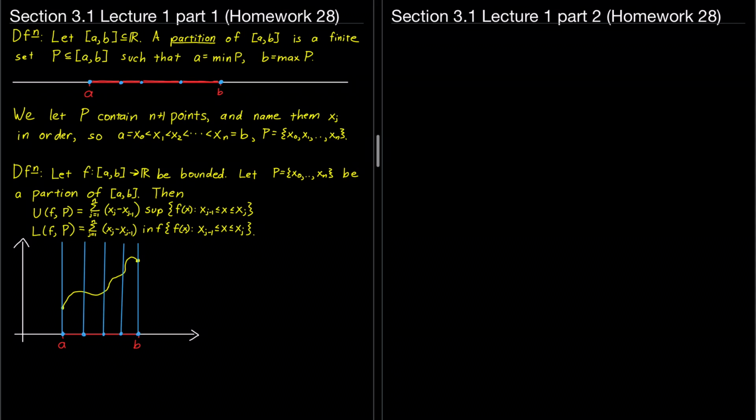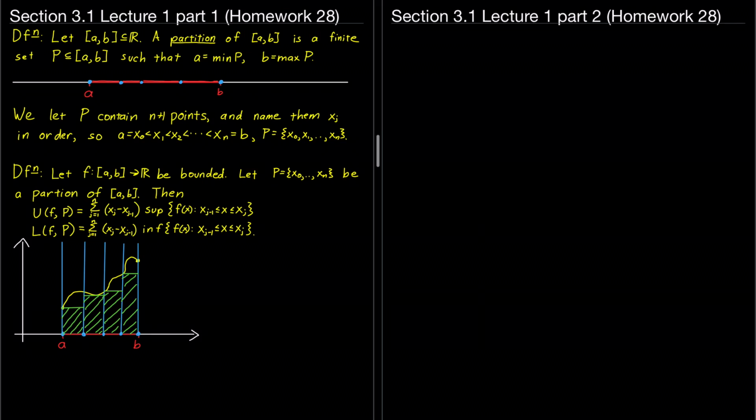And then to take the lower sum, you take the lowest your function gets in any of these intervals. Then you take that height times that width, that gives you the area of this rectangle. Then you add up all the areas of all the rectangles, that gives you the lower sum. And the upper sum, very similar.